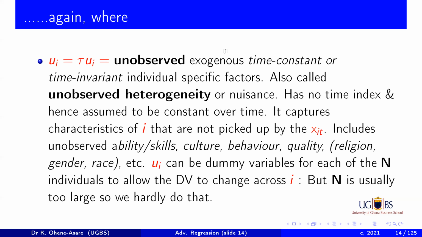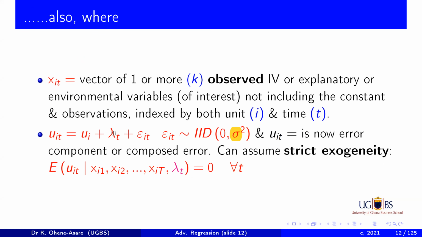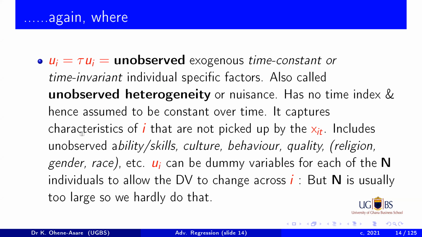Now let's go to the elements of the error term. The first element of the error term, we said, is the Ui. What does that mean? Well, it is an unobserved, time constant, time invariant, individual specific factor. We call it unobserved heterogeneity or nuisance.